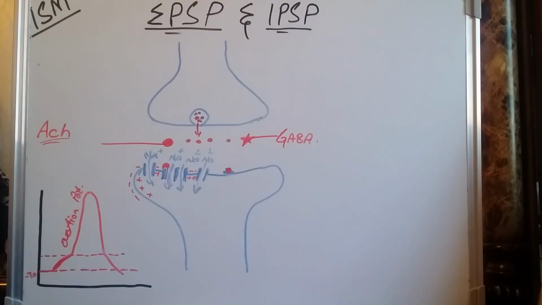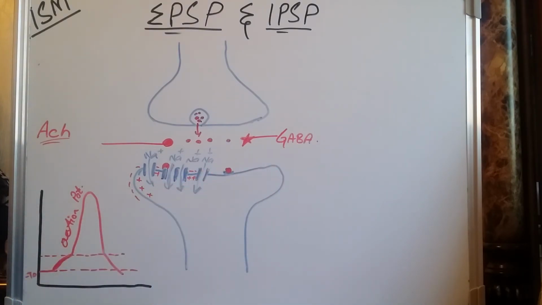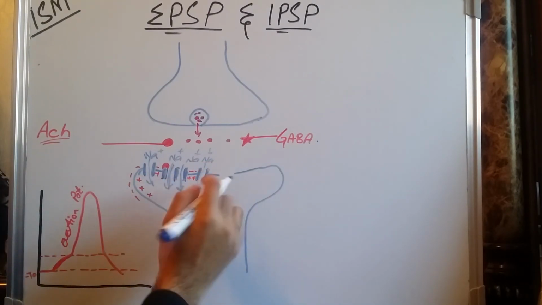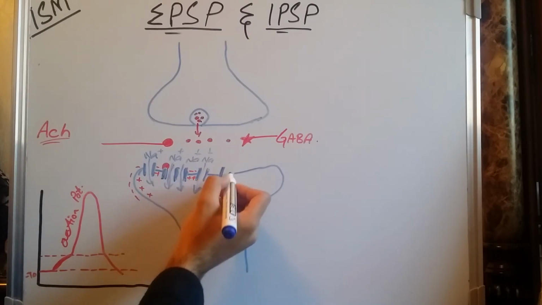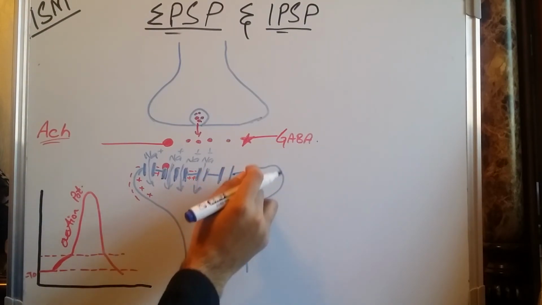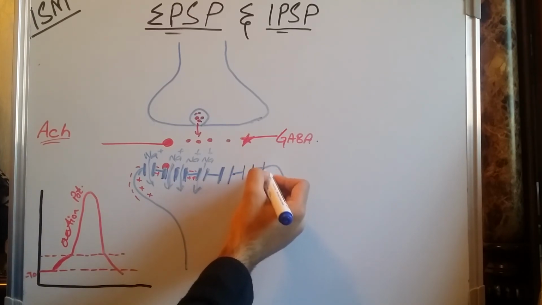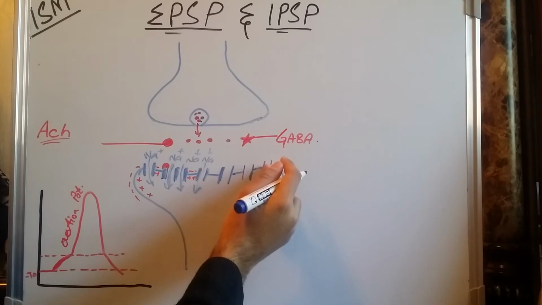If we look at the case of GABA, what will happen whenever GABA reaches and is accepted by the receptors present on the postsynaptic membrane? They will open up another type of gates, and less efficiently open sodium gates.